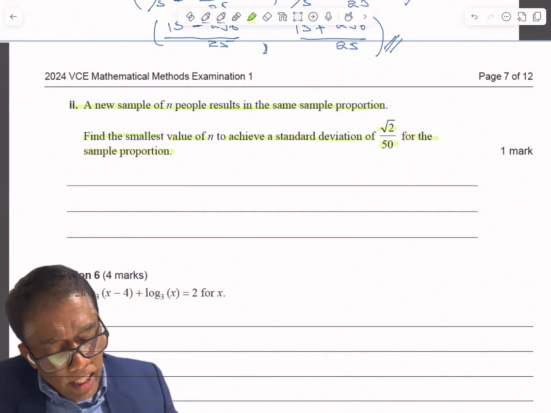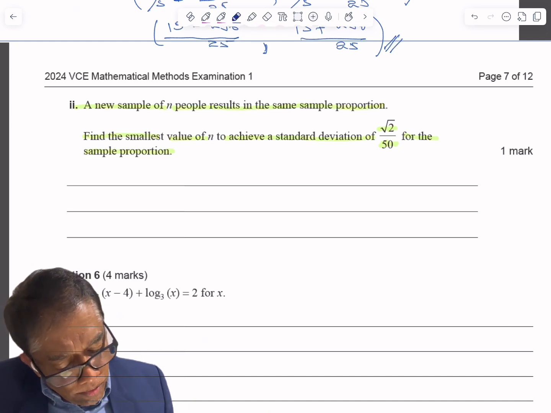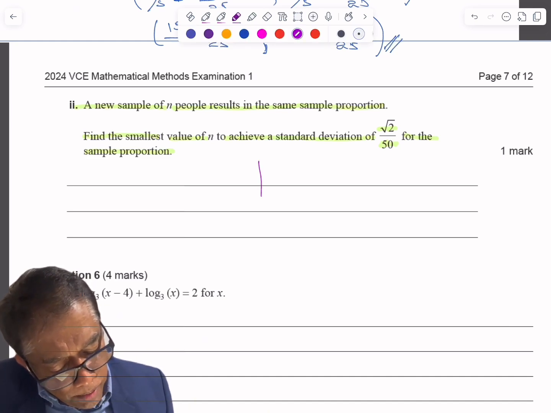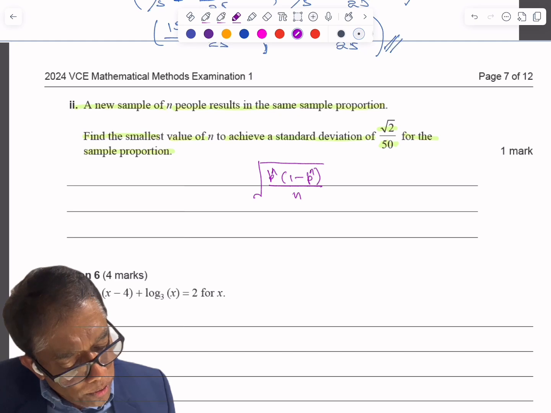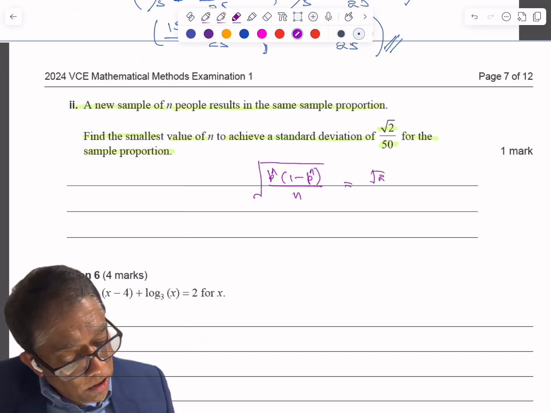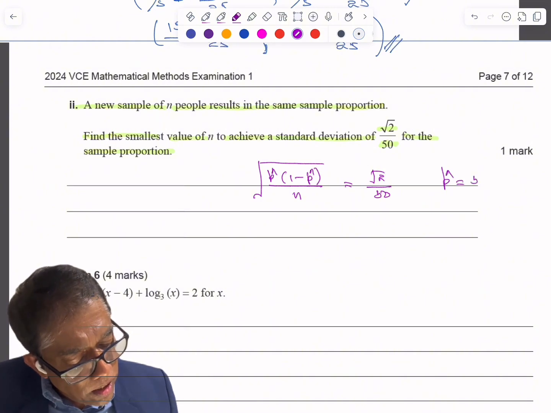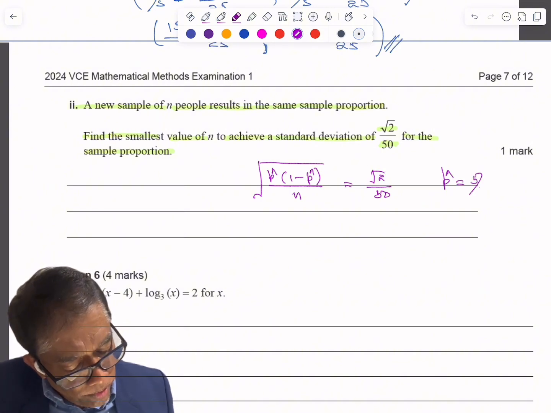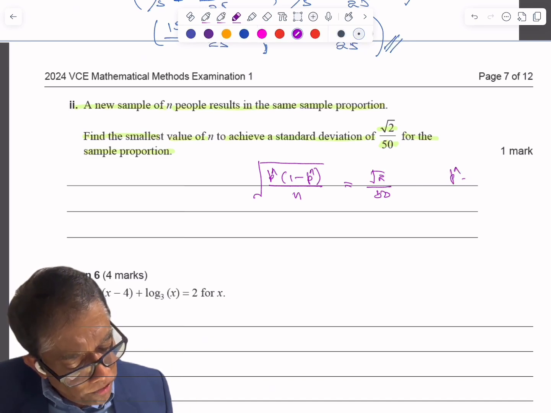We know that standard deviation can be written as the square root of p hat times (1 minus p hat) over n, equal to root 2 over 50. We know the p hat value is 3 over 5. So the square root of 3 over 5 times 2 over 5 over n is equal to root 2 over 50.